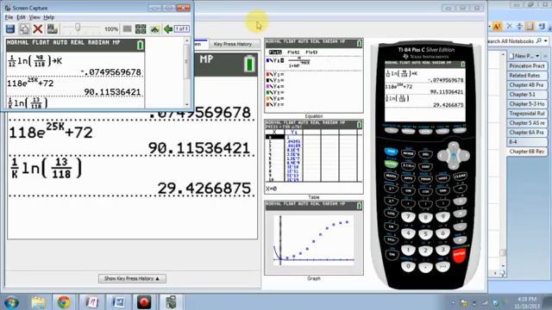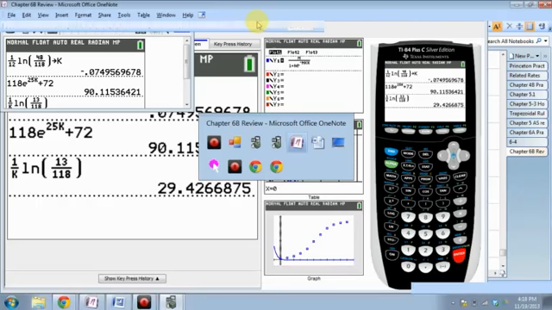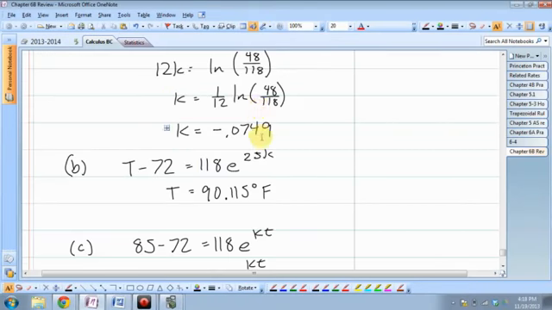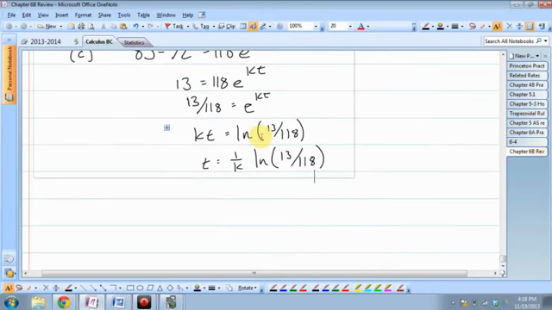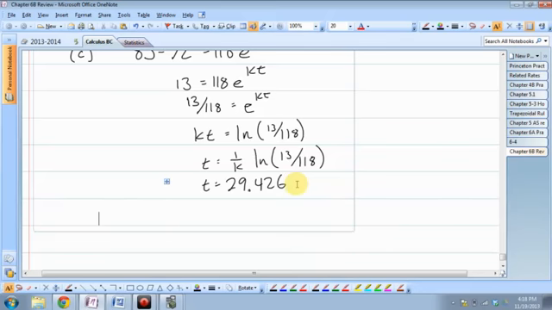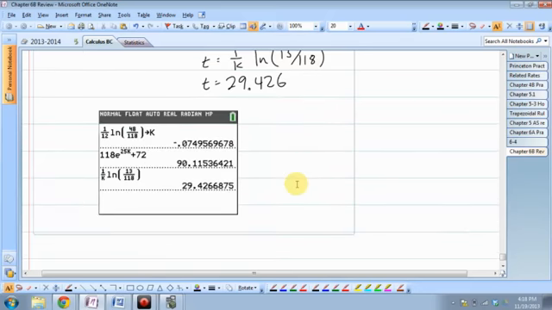Great. 29.426. Okay, so t equals 29.426. And screenshot. Good.